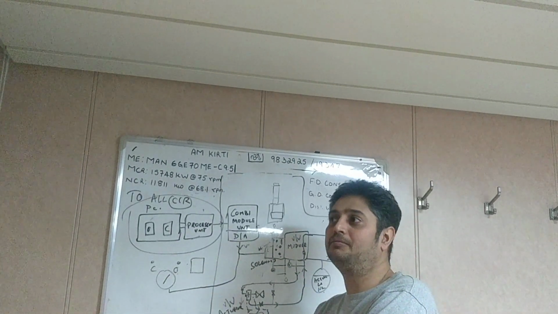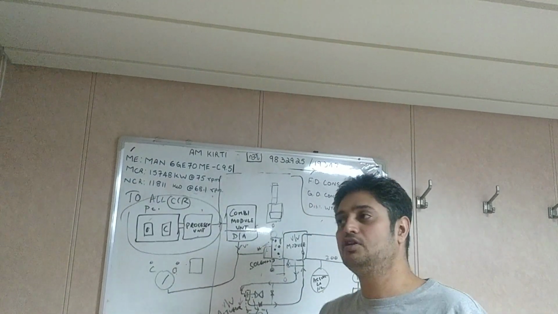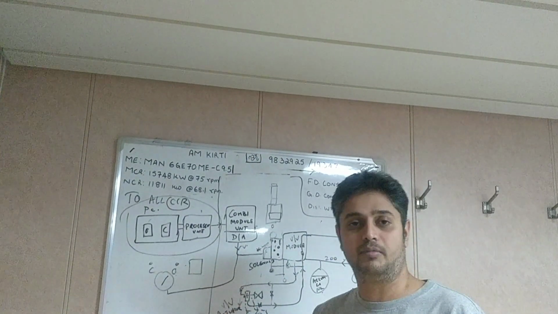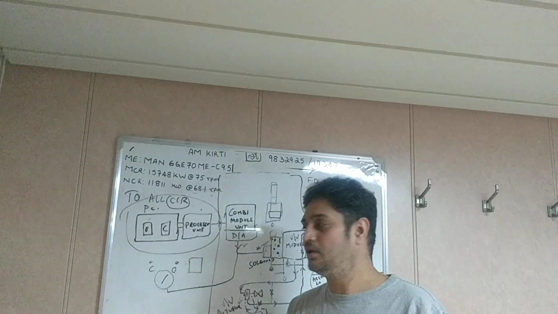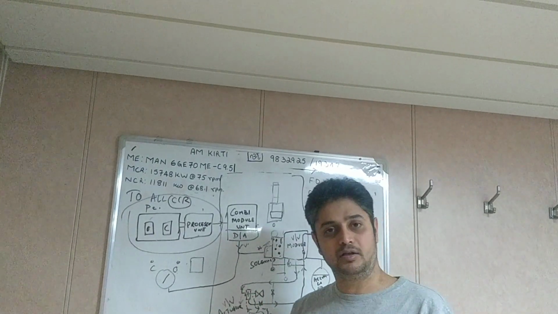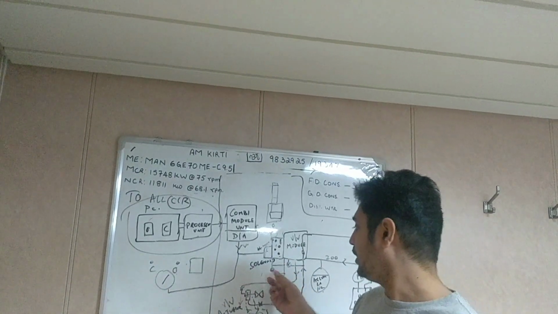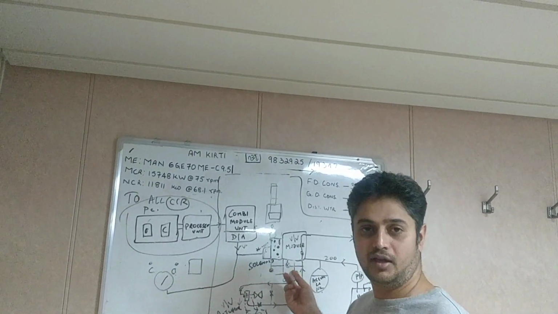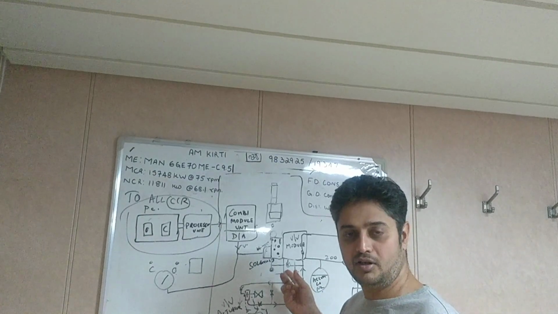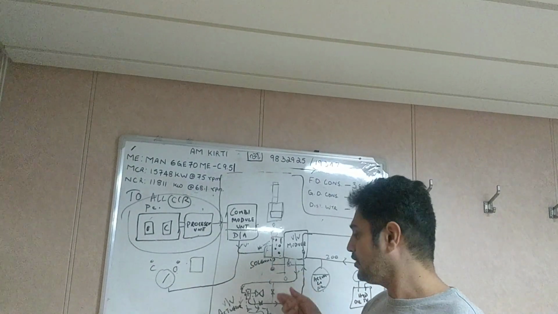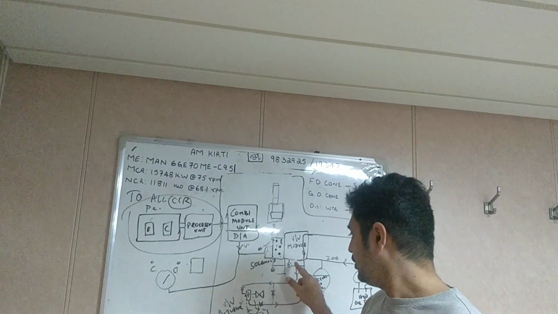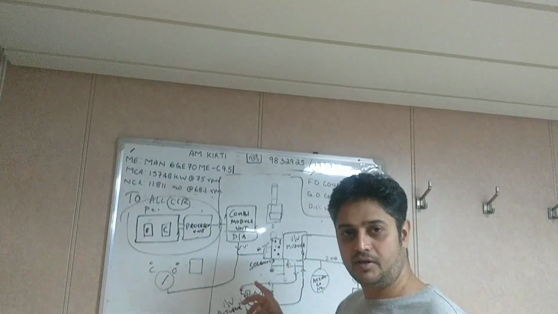Another issue is that you have given the open command, but the valve has not actually opened. Here you also have the indication. As I told you, if you have an indication unit, you can cross-check from there itself whether the valve has turned.